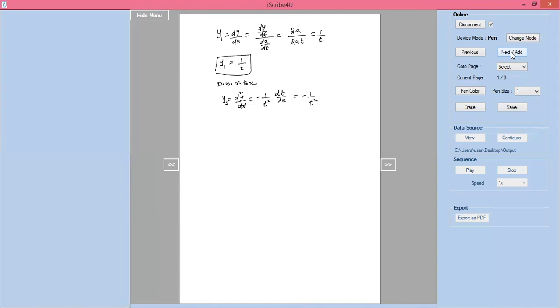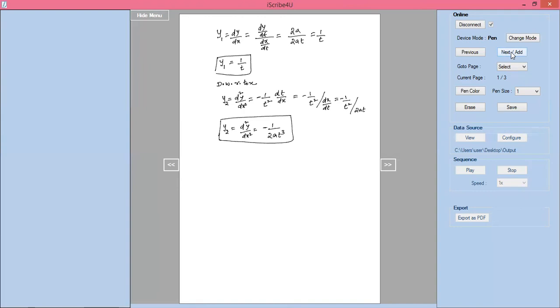I know the value of dx by dt, not dt by dx, so I write minus 1 by t square divided by dx by dt, where dx by dt is 2at. Now y2 equal to d square y by dx square equal to minus 1 divided by 2a t cube. This is the value of y2.